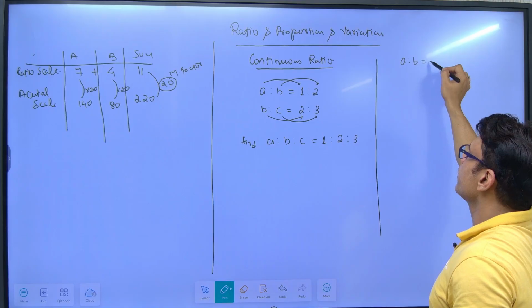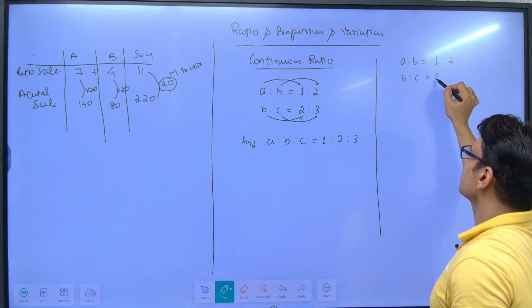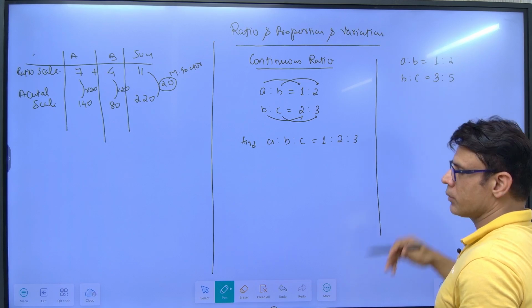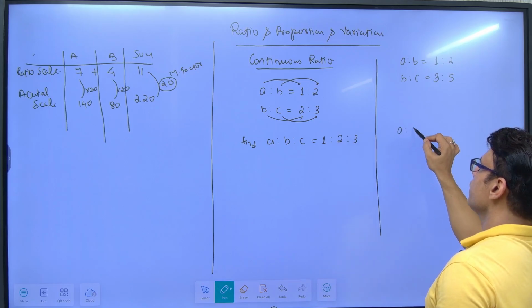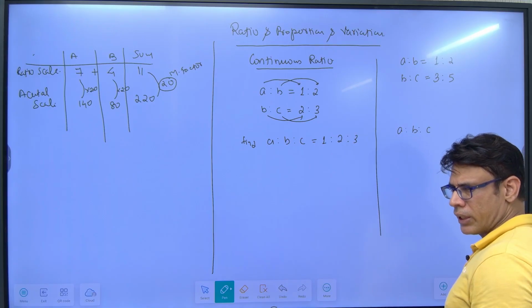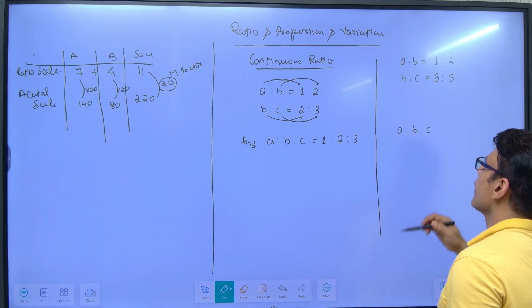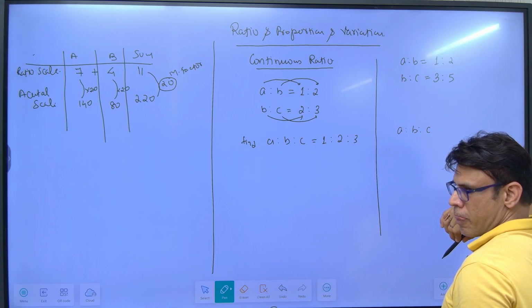Now suppose A:B is 1:2 and B:C is, let's say, 3:5. Now if I have to find A:B:C, when there are two ratios involved, it's still easy. What is common in this? B is common.